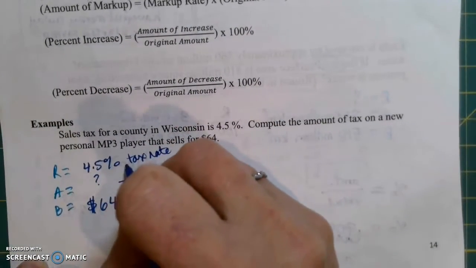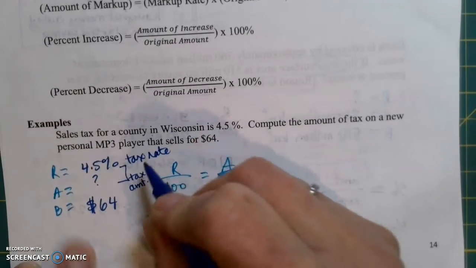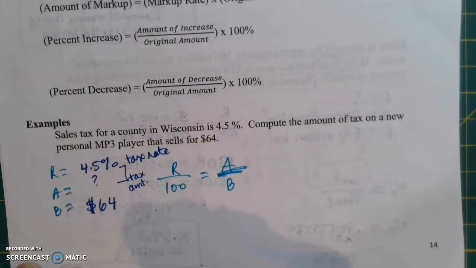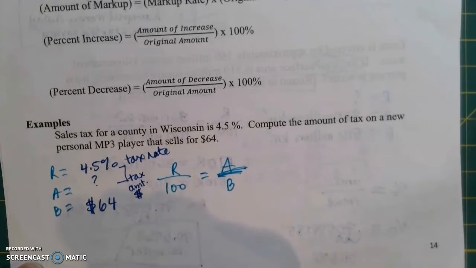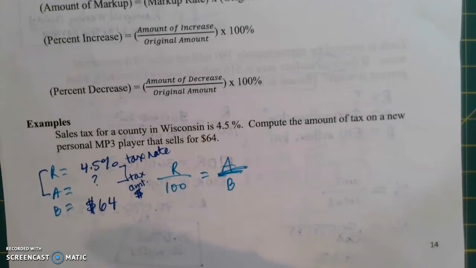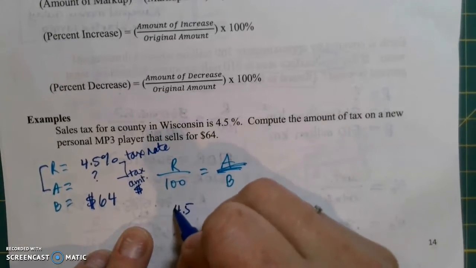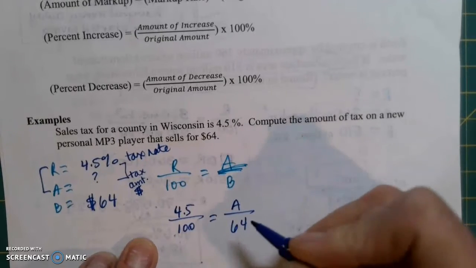And what that means is that what I should get out for my amount is the tax amount. So still talking about the same ideas, how much of the tax it is, but remember this one would be a percent and this one will give us a dollar amount. So if R and A are talking about the same idea, except one in a percent form and one in a dollars form, then you are good to plug the values in and solve the problem. So 4.5 over 100 is A, our unknown, over 64.